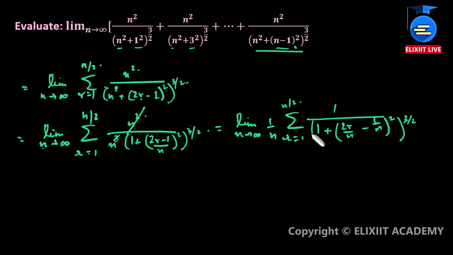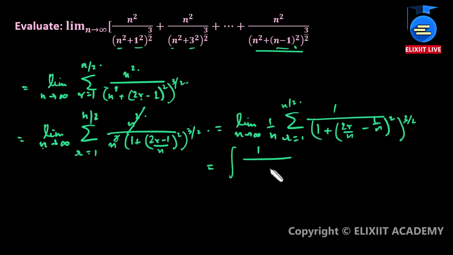Clear? Now as limit n tends to infinity, this 1 by n will tend to 0. This r by n will turn out to be a function of x. Replace r by n by x. So we have this integration, the function. Let's write down the function and then we'll see the limits.